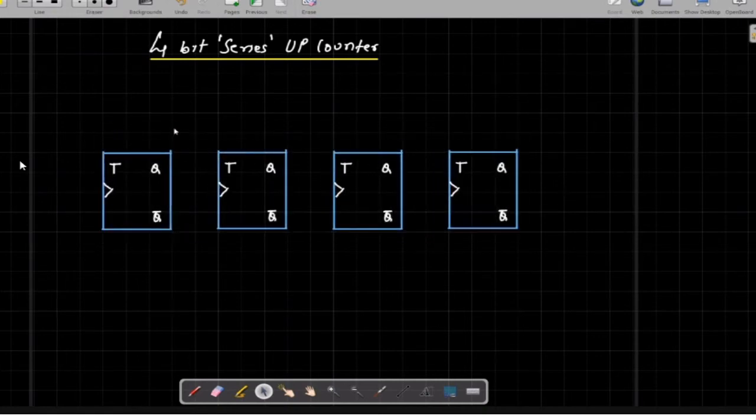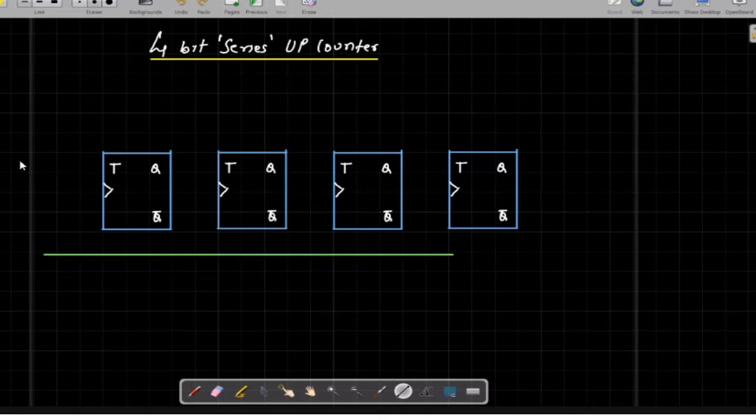And somehow we have to follow that same thing which we have written in the previous slide. So first of all, we have to provide a common clock pulse. This is a common clock applied to all flip-flops.